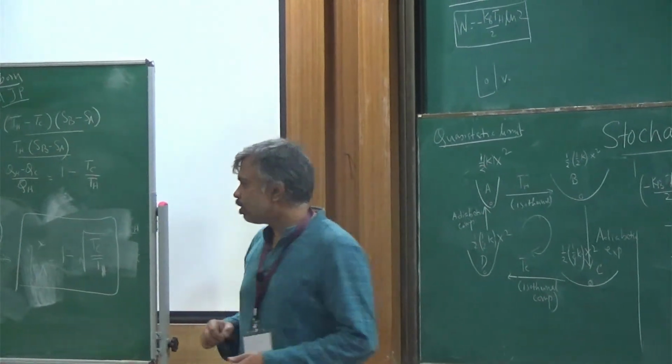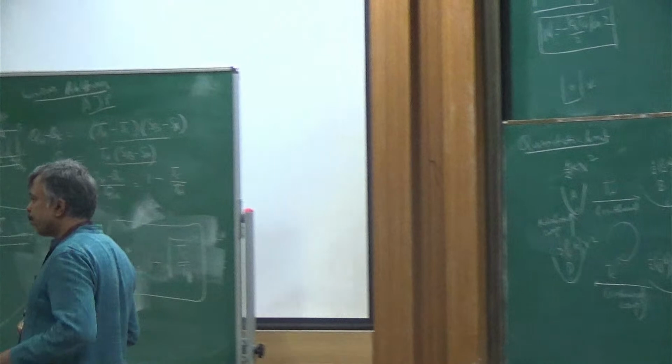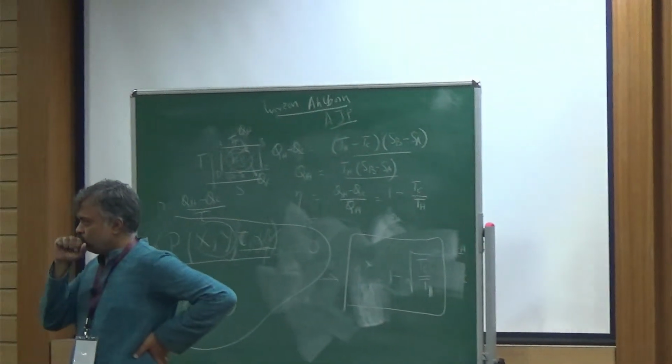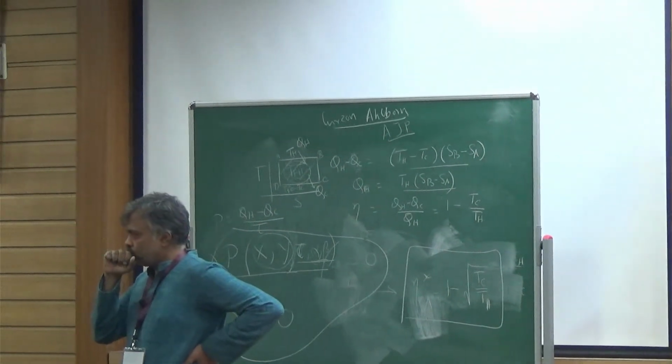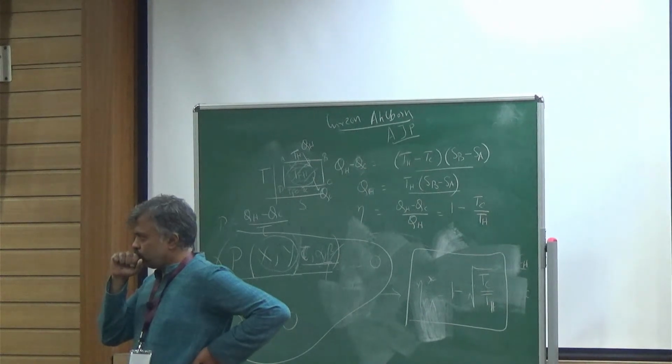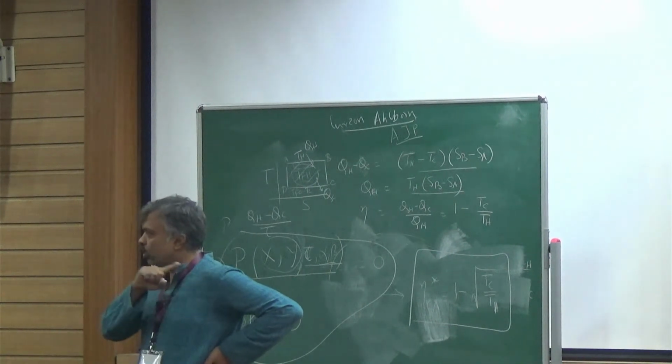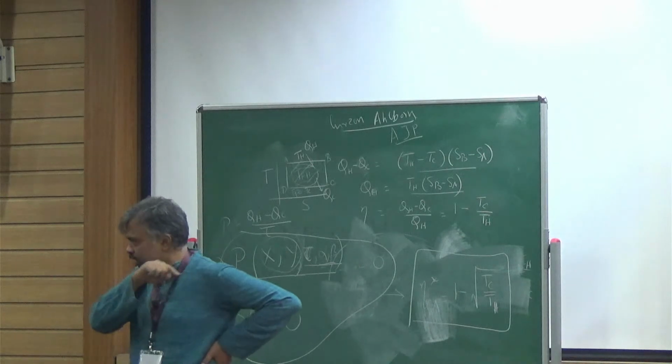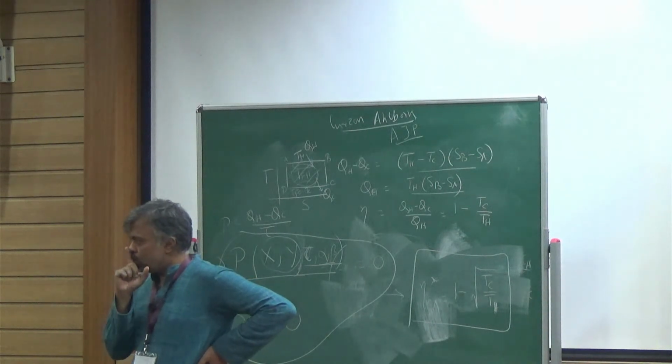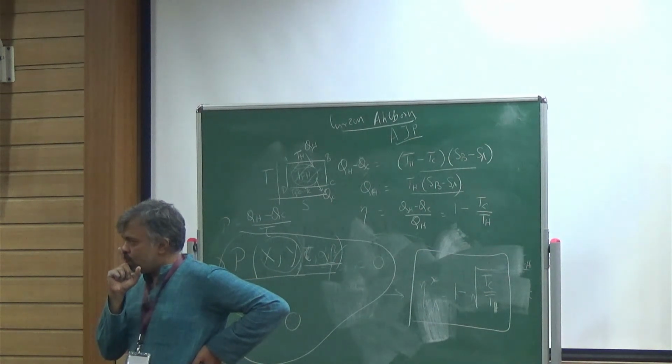In a real engine, at the end of the adiabatic process, the temperature is matched with the cold bath. Here it is not matched. I mean, here we arbitrarily decided that the final K will be K by 4.